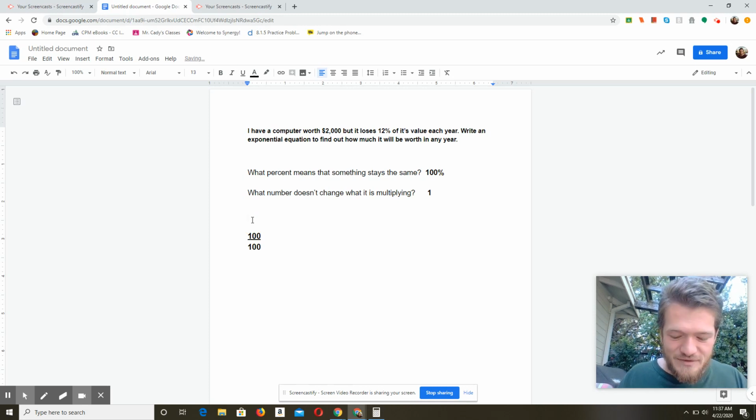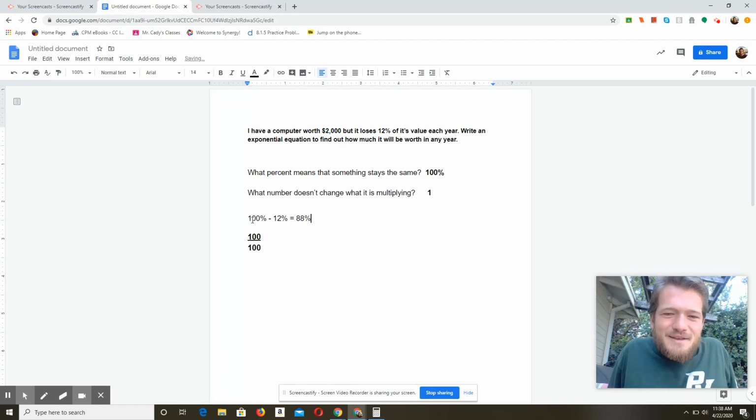It's itself, 100%, and then it goes down, which is like minus, and then 12% is how much it's going down. So what is that? 100 minus 12 is 88, right? 88%. So it keeps 88% of its value each year. When it loses 12% of its value, it has 88% left.